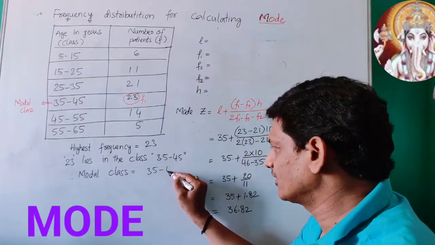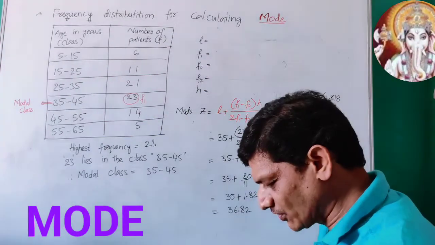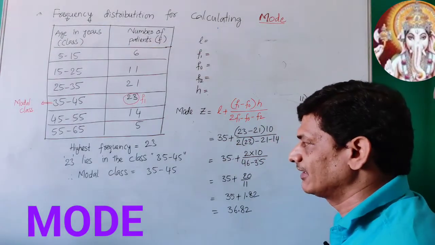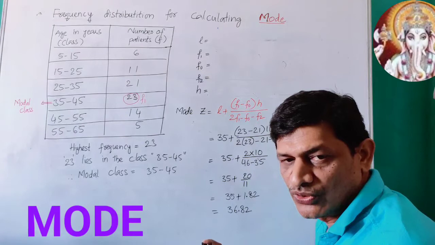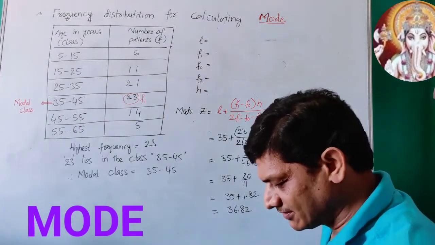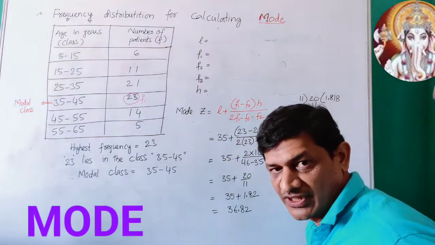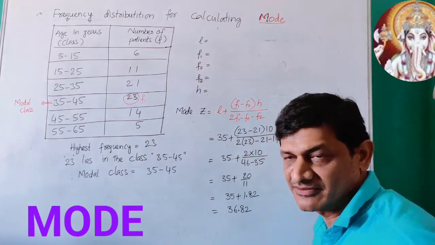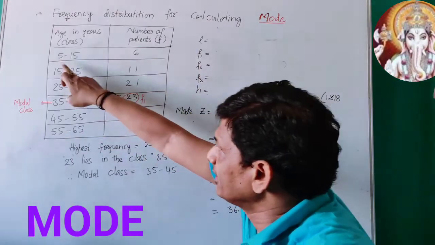After identifying the modal class, go for the remaining values. L means the lower boundary of the modal class. Whenever you write the lower boundary, first of all you have to look into the type of classes. Check each class here.